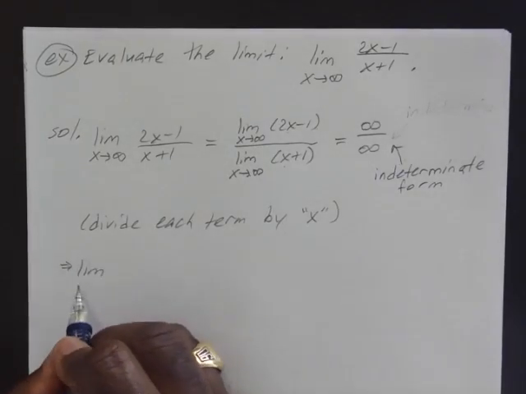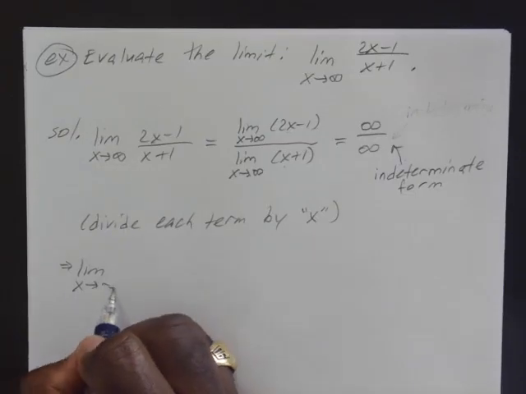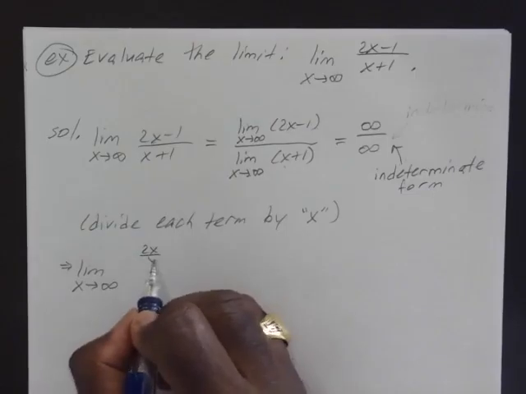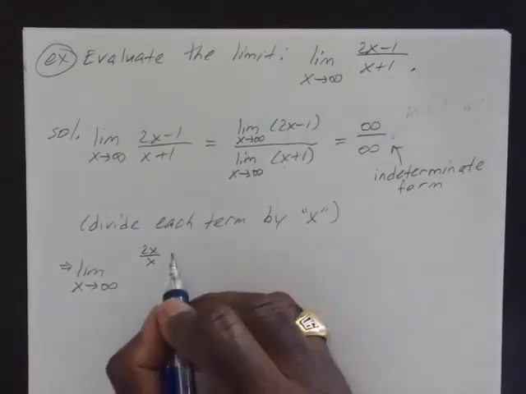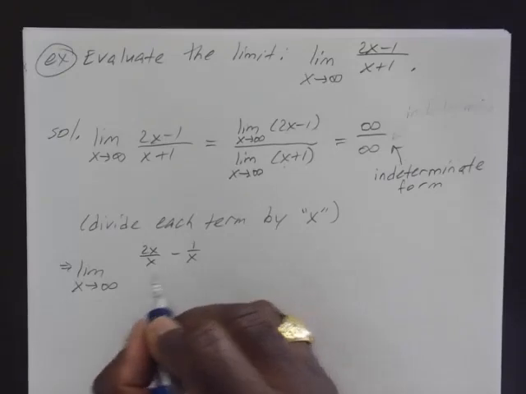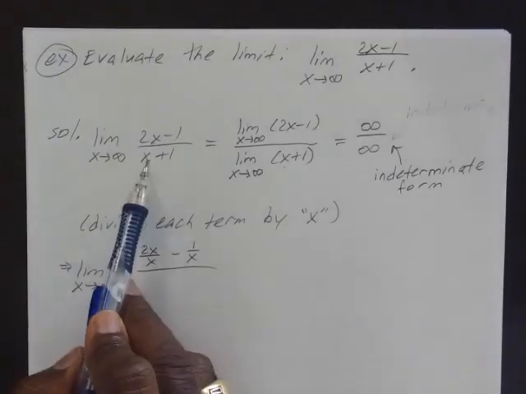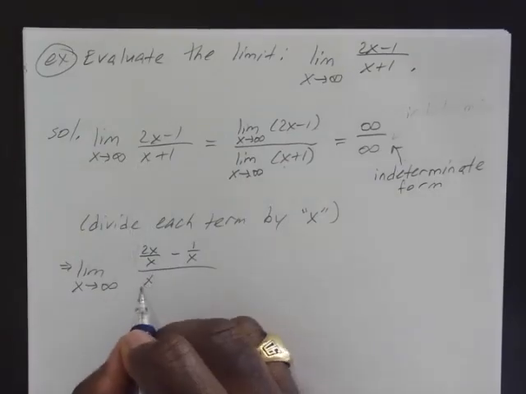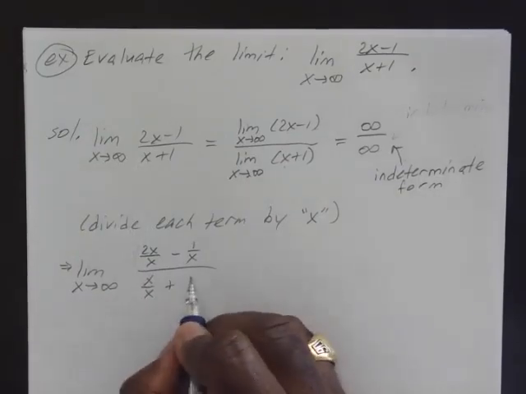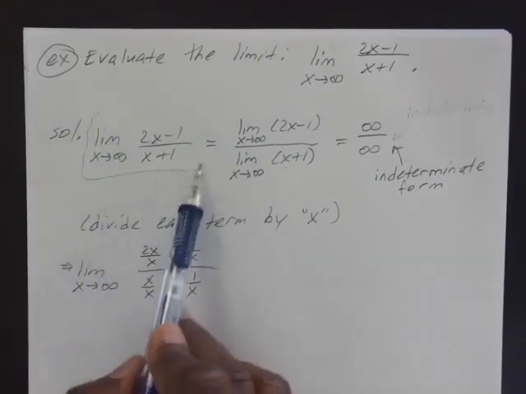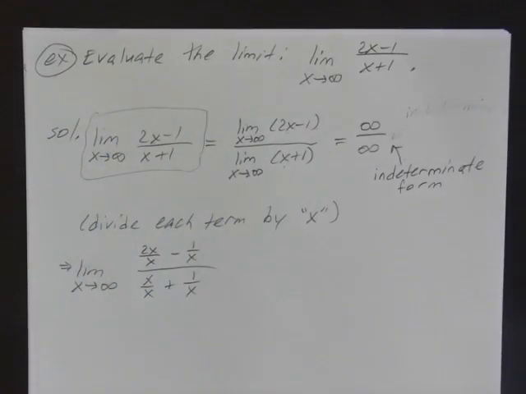So that gives us the limit as x approaches infinity of 2x divided by x minus 1 divided by x, divided by x divided by x plus 1 divided by x. So we just took every term in our original limit and divided each one of them by x.